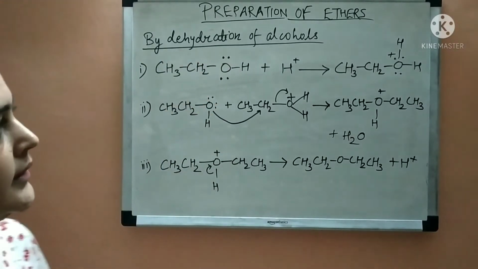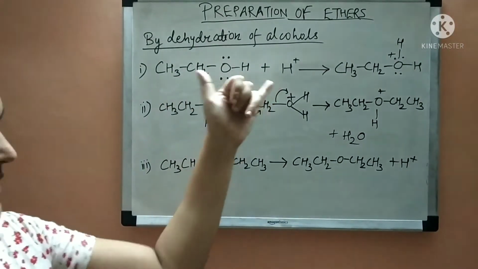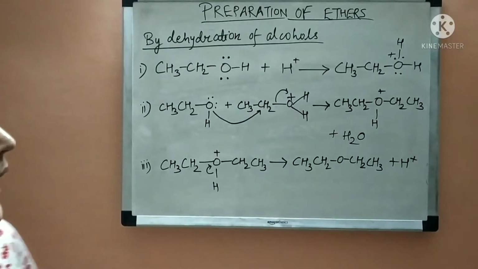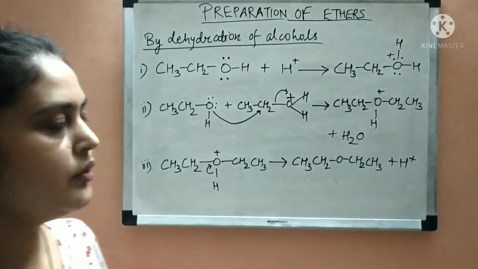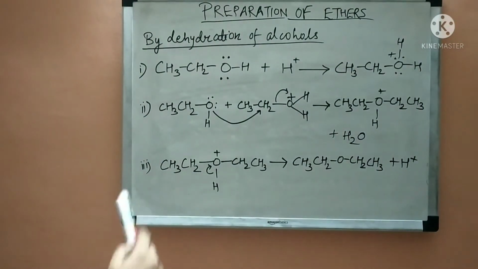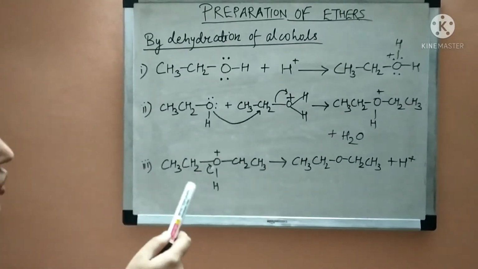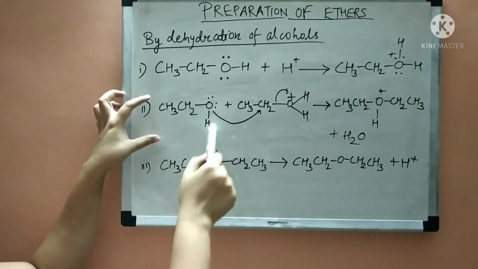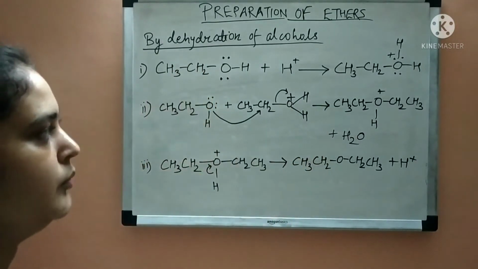So there are two things we have to remember: it occurs in the presence of a protic acid, and it involves the SN2 mechanism, which is nucleophilic substitution bimolecular. SN2 mechanism means that it depends on the concentration of the nucleophile. The nucleophile here is the alcohol molecule and the substrate here is this protonated alcohol molecule.